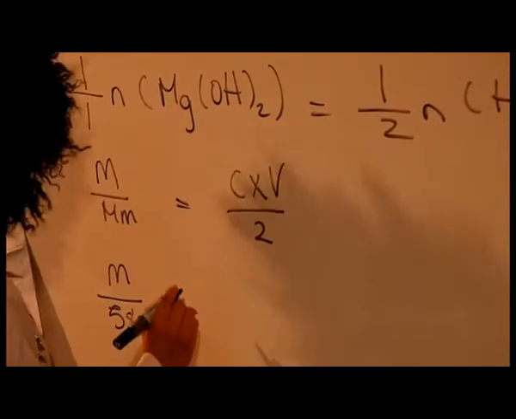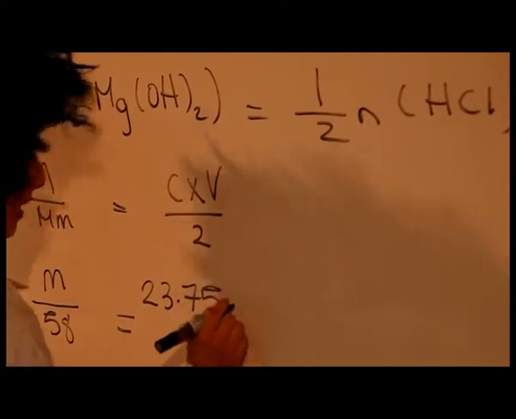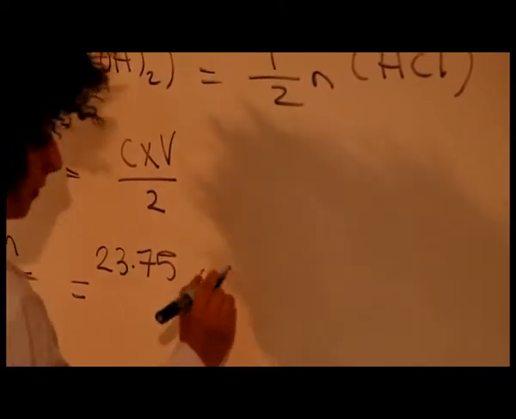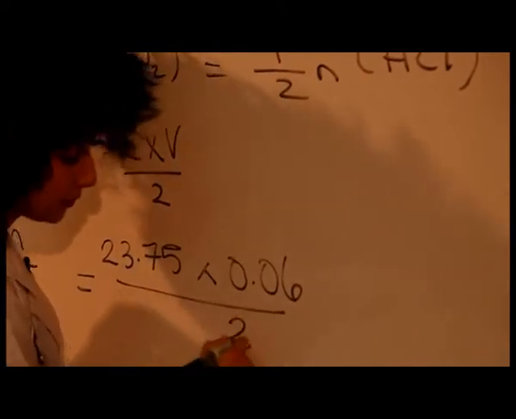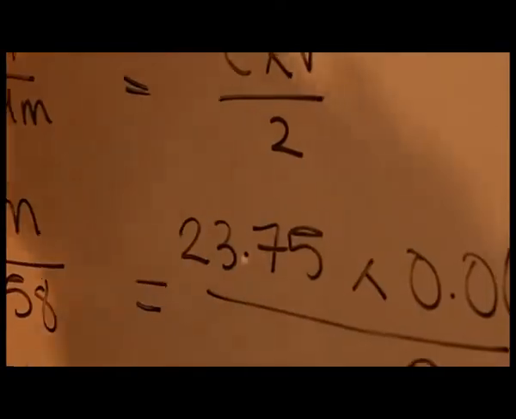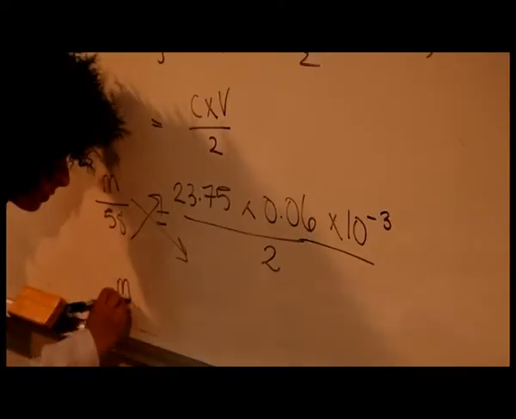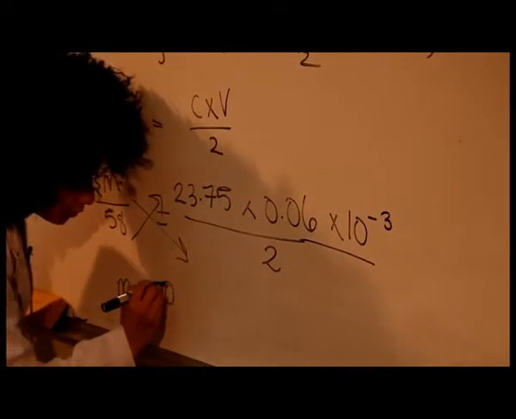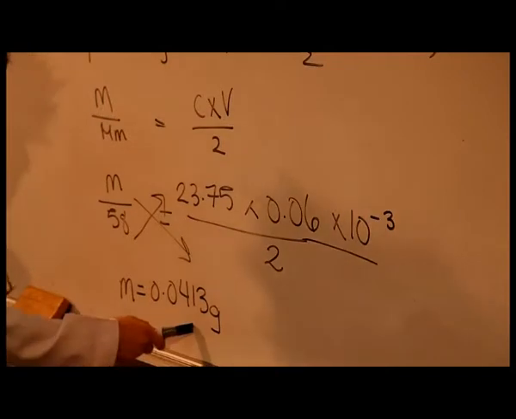The concentration of HCl is 0.06, times 23.75 over 2. And let's not forget times 10 to the power of minus 3. You must cross multiply in order to determine the mass. Therefore, the mass is equal to 0.0413 grams in 1 tablet.